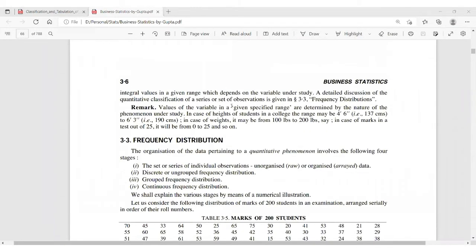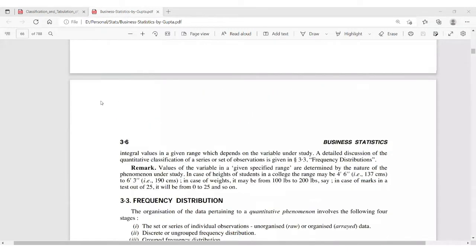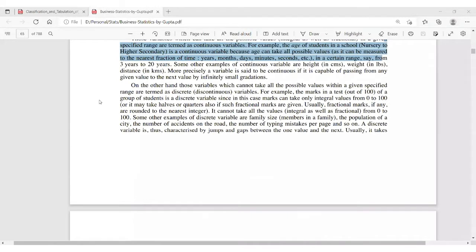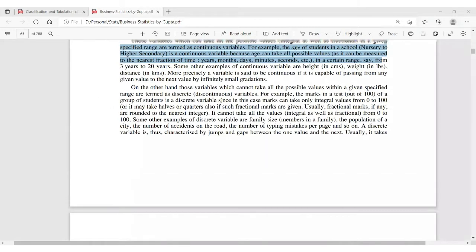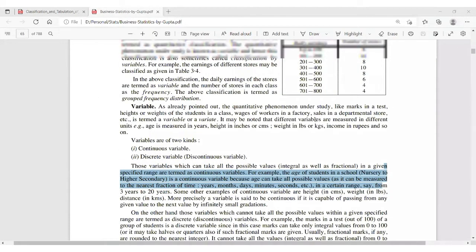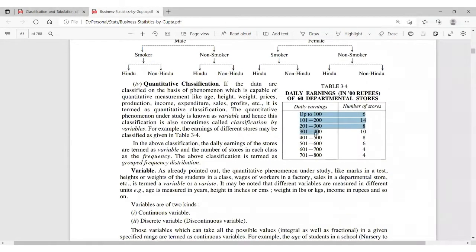If you take the age of a person, or the height of persons, it may be 47.5, it may be 48.70 centimeter, like that. So it will be a continuous variable. See, in this example, daily earning is up to 100, 101 to 200.